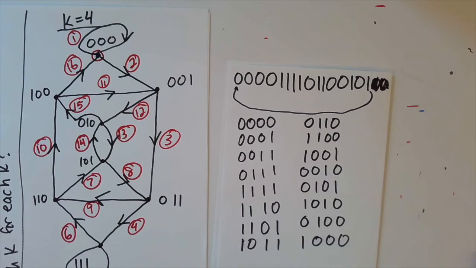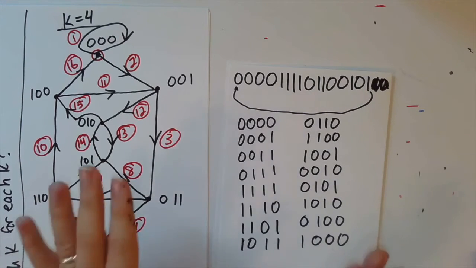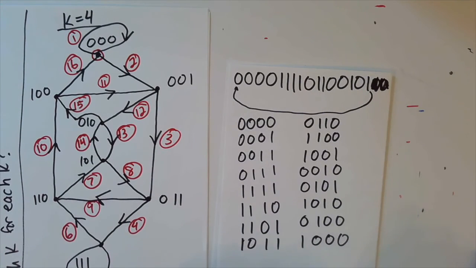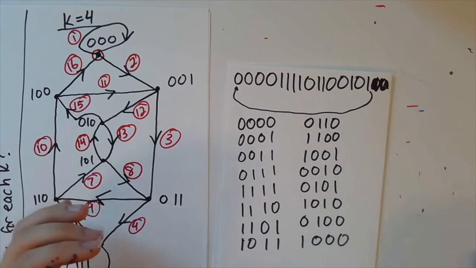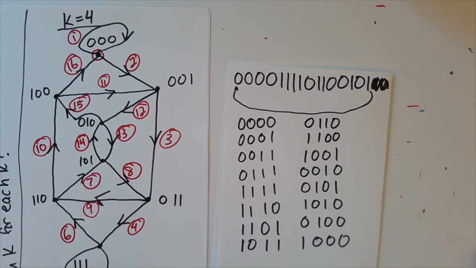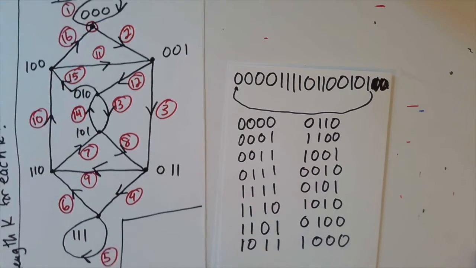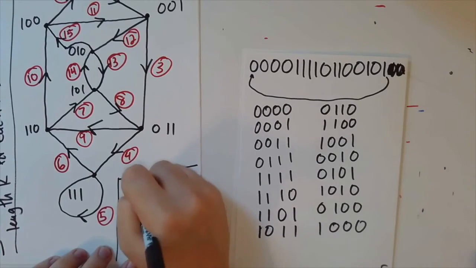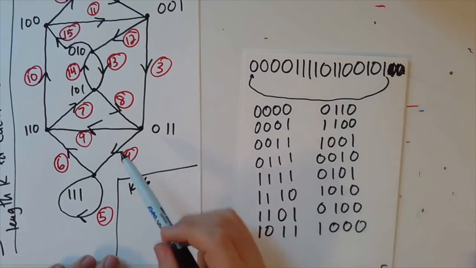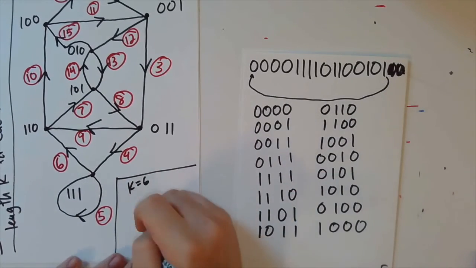Why? Well, if you think about it, what is the in degree? The in degree corresponds to the strings that end with the same 3 bits that this vertex starts with, or k-1 bits in general. And the out degree is the ones that start with the same k-1 bits that this ends with. So, for example, if we're in the k equals 6 case, then our vertices correspond to length 5-bit strings.